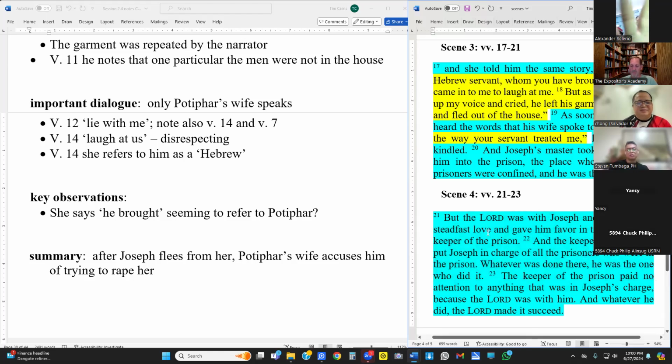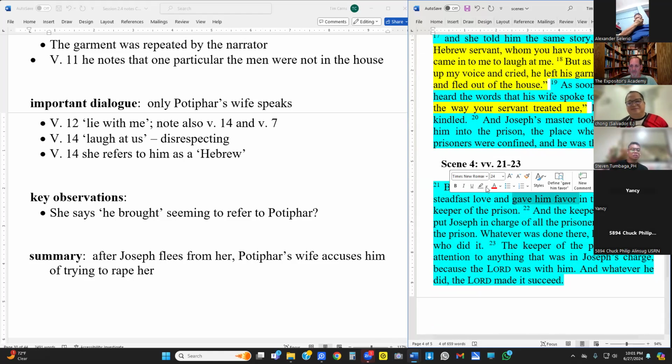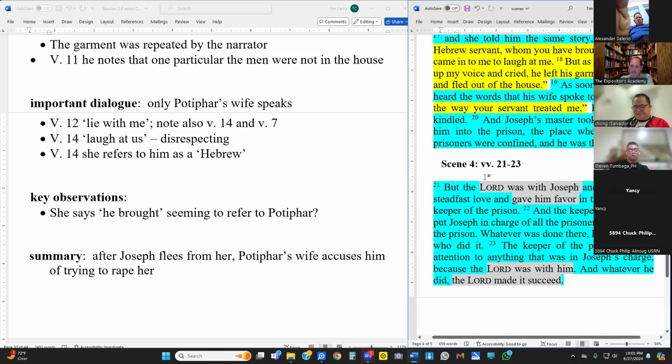It's a pattern, right? That's exactly what happened in Potiphar's house. So you could almost take the summary statement we did for verses 1 to 6 and stick it on verses 21 to 23. Again, notice the Lord was with Joseph, gave him favor. The Lord was with him. The Lord made him succeed. See that? It's really the same kinds of things that were said in the first scene. So you'd want to take note of that.